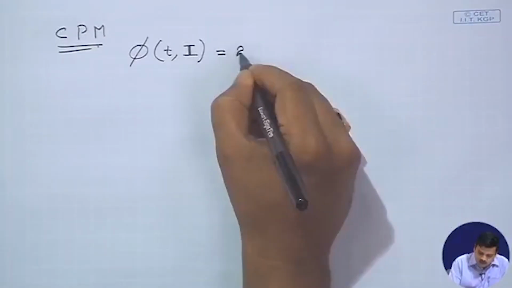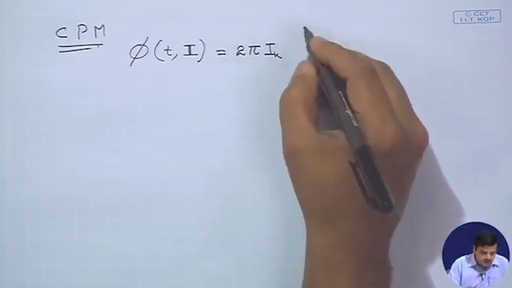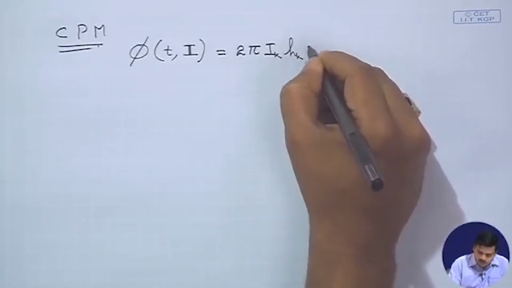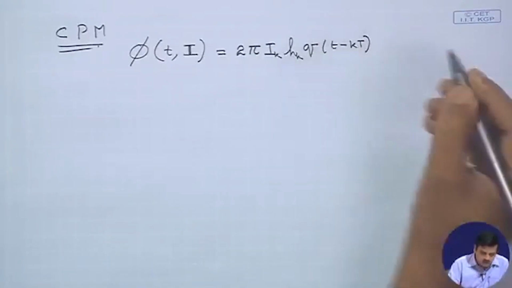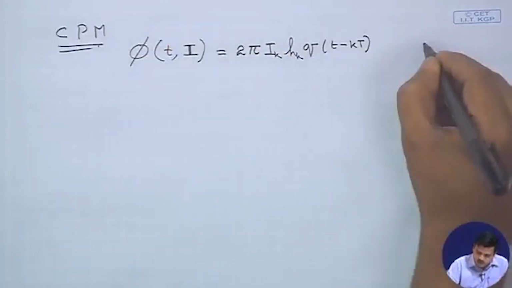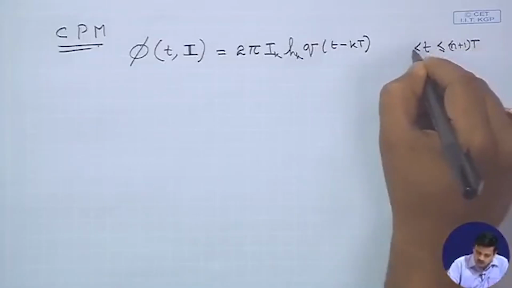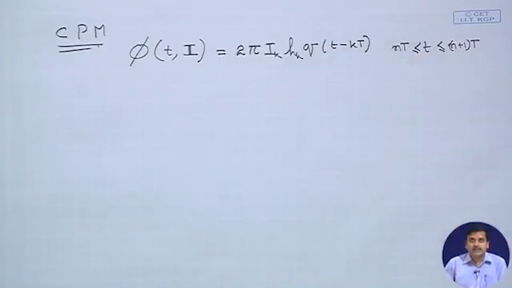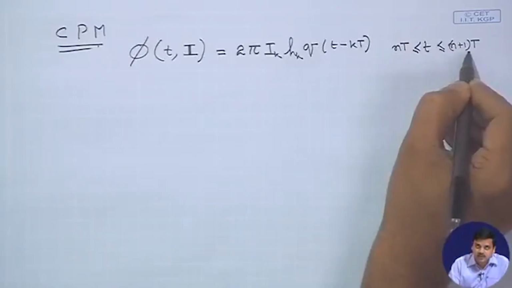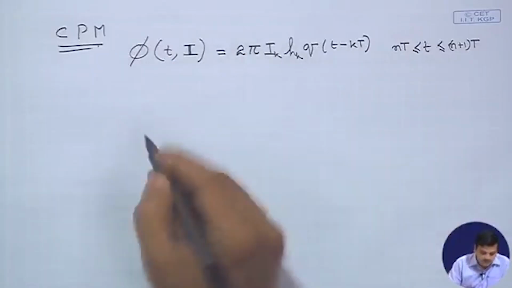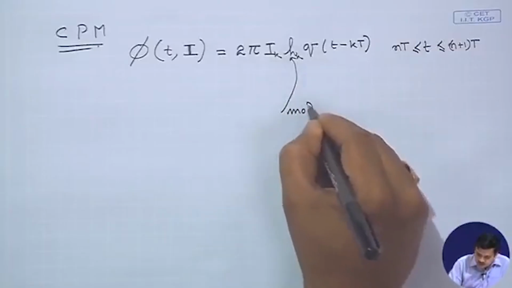The general class is 2 pi sum of I k h k q of t minus k T. This is the phase of the signal valid for the signal interval n T to n plus 1 T. So, that means in this instant of time, which is between n T and n plus 1 T, this is the instantaneous phase, and this h k is the modulation index.